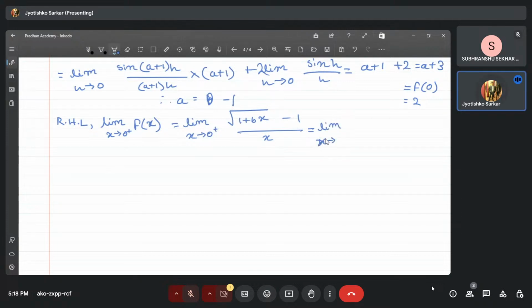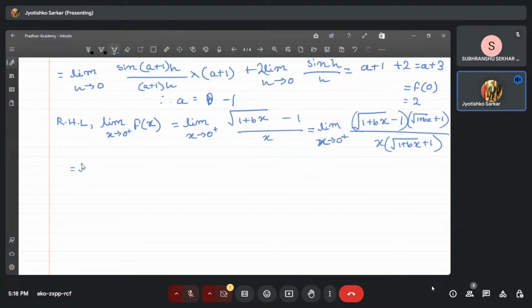We have to rationalize this by multiplying numerator and denominator by root over 1 plus bx plus 1.